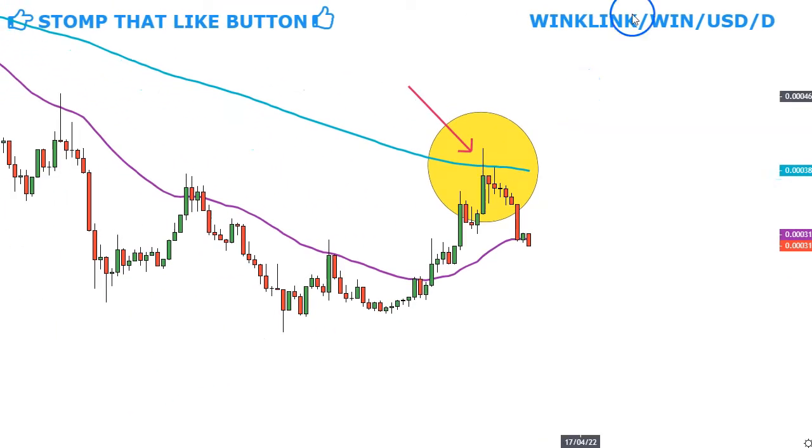And if you ask me, at any point in this run, I would tell you, watch out for this level, because this is an important line of resistance. Now the real job for WINkLink and the real bull run will come when we break that line. Not this one. This is a short-term approach, breaking this 34 exponential moving average. 144 is a totally different story.